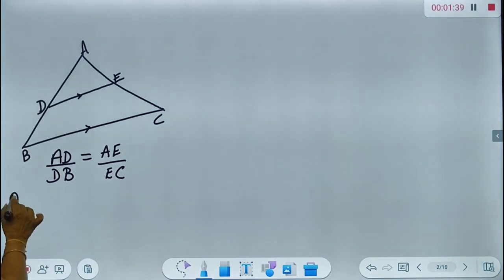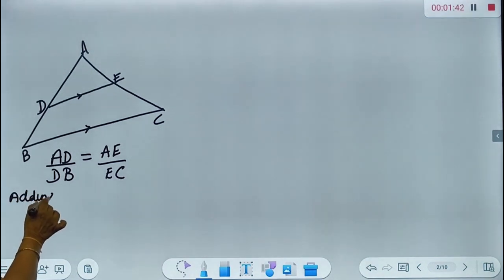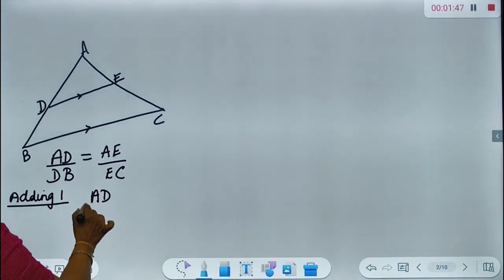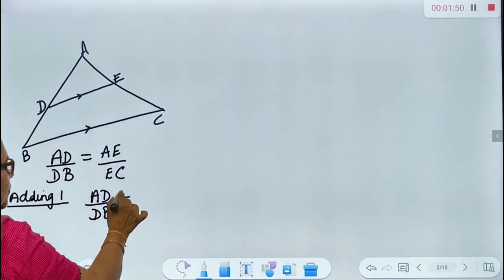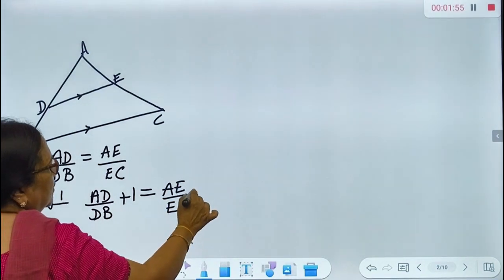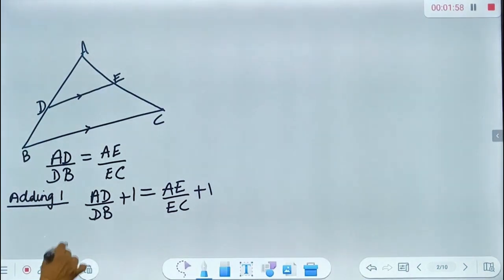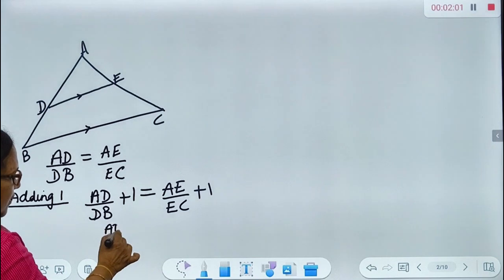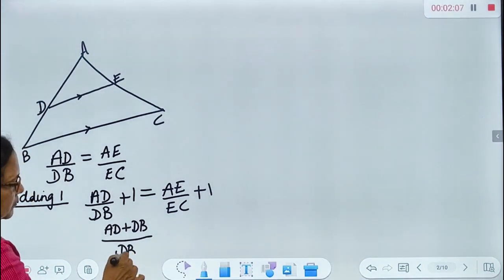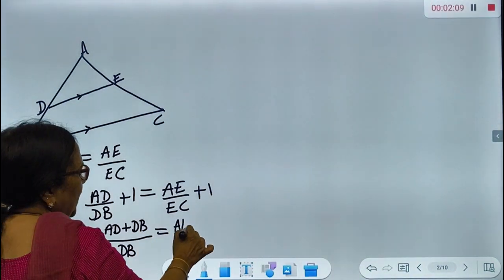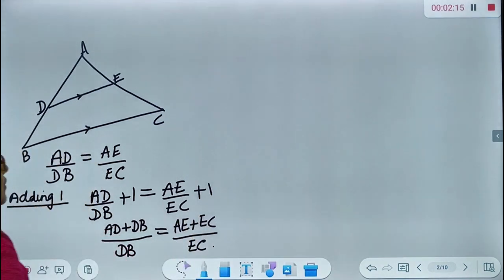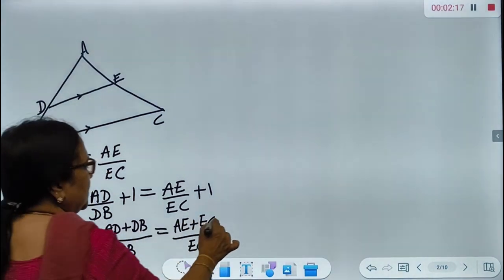Suppose I add 1. Then what will we get? AD by DB plus 1 is equal to AE by EC plus 1. Now this means AD plus DB by DB is equal to AE plus EC by EC.